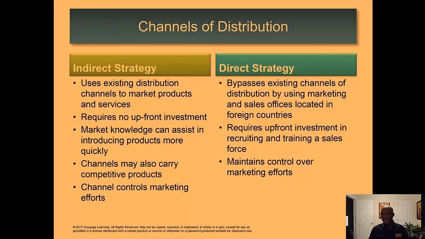Then you have the direct strategy where you bypass existing channels by using marketing and sales offices located in foreign countries.